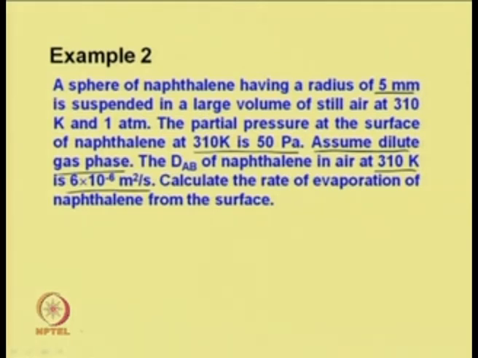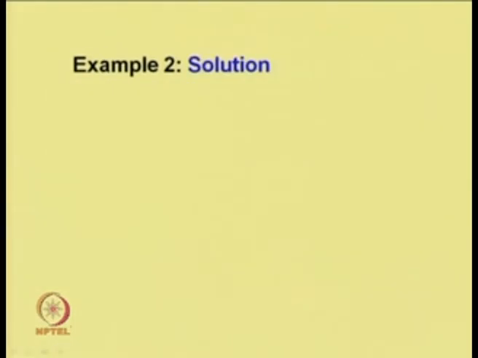Now, the data which are given is D A B is 6 into 10 to the power minus 6 meter square per second. Partial pressure P A 1 is given as 50 Pascal.